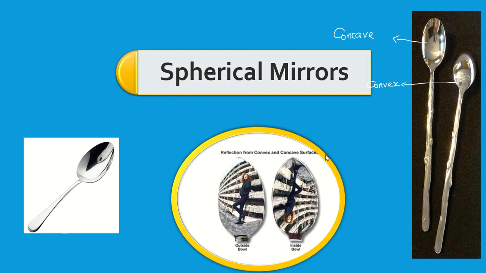So why this example of a spoon? Because you will be able to understand what a concave shape is and what a convex shape is. Spherical mirrors are the usual mirrors, but their reflecting surfaces are curved in nature.